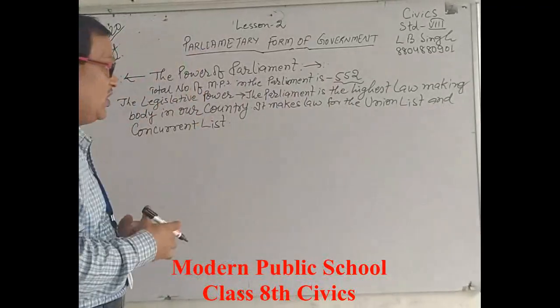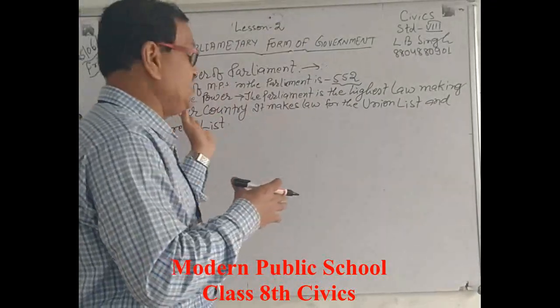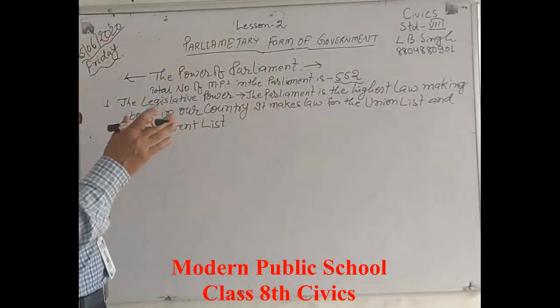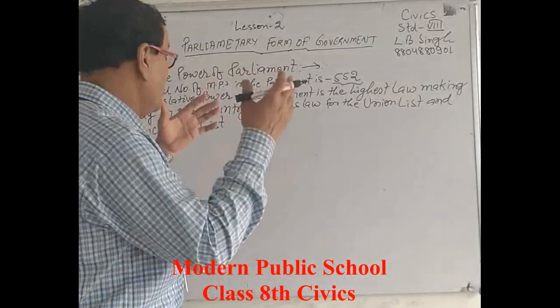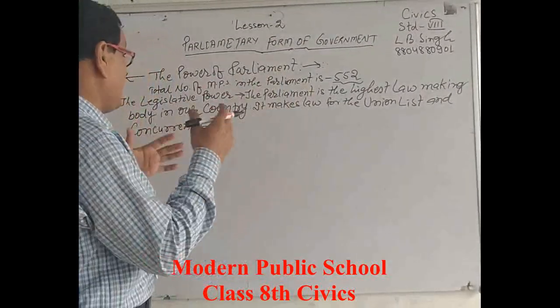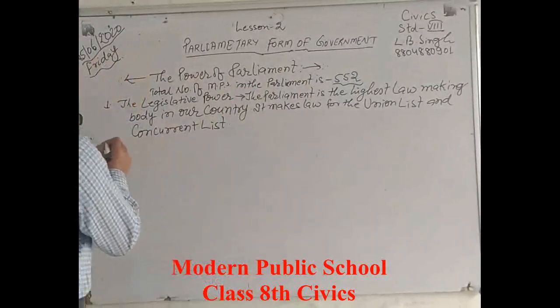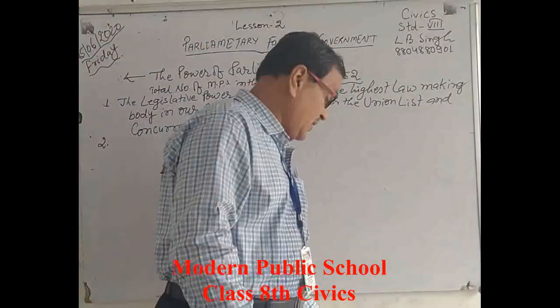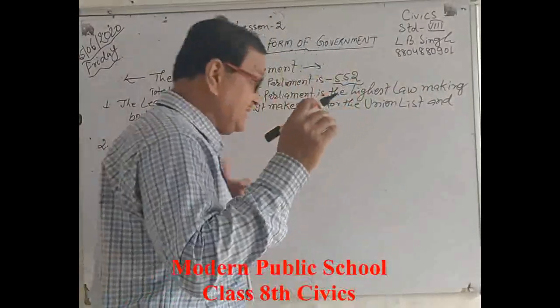Regarding all these lists, laws are made by the legislature, that means with the help of parliament. So this is the power of parliament, the legislative power. The second one is the power of parliament, financial power.